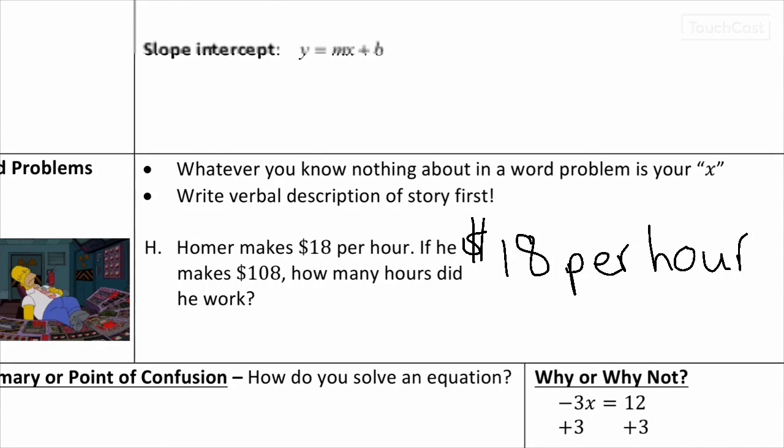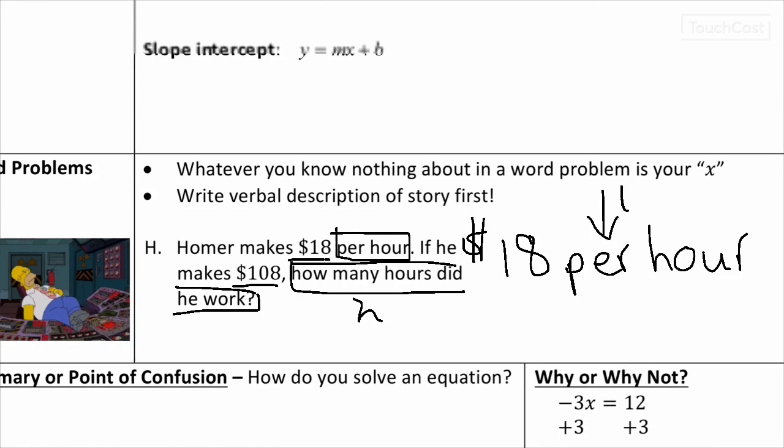He makes, so I'm going to underline that and box this. That's important. Underline this. And then I need to figure out how much he's going to make, or how many hours did he work. So that right there, how many hours did he work? That's my variable. So I'm going to call it H for hours. Okay? And the per hour means this is where the variable goes.